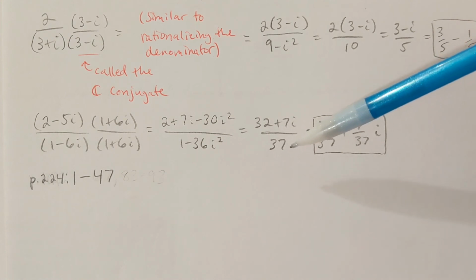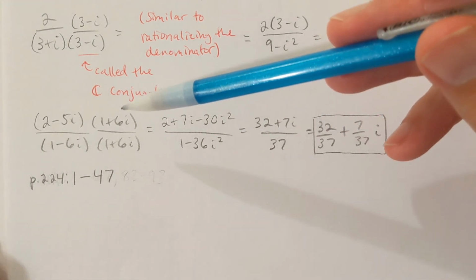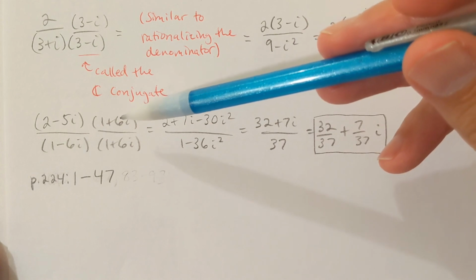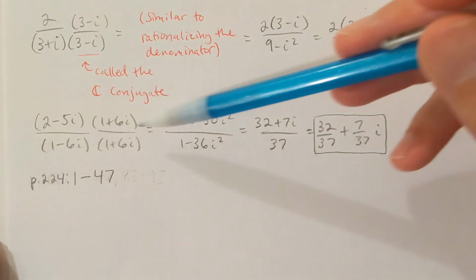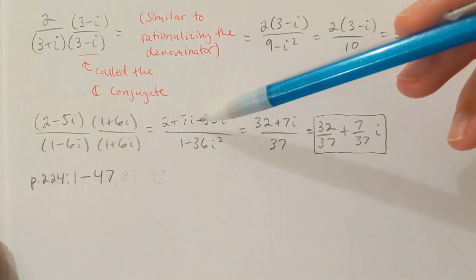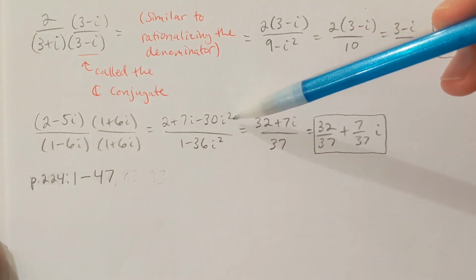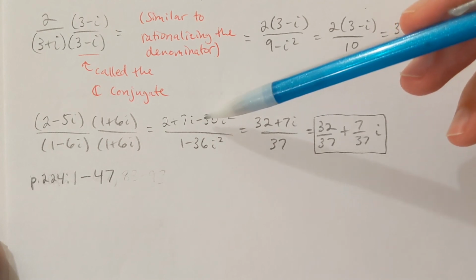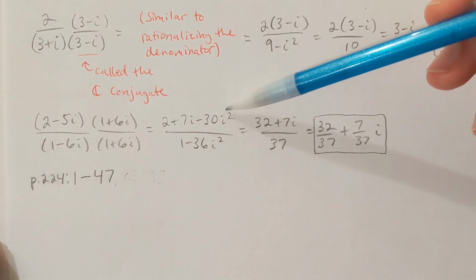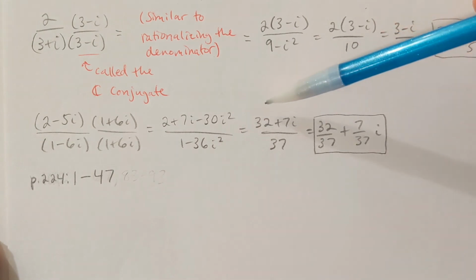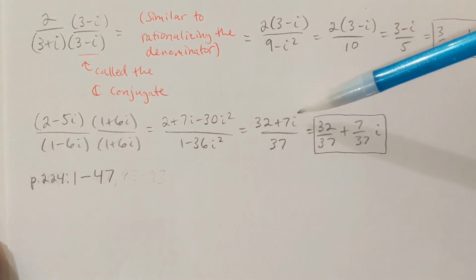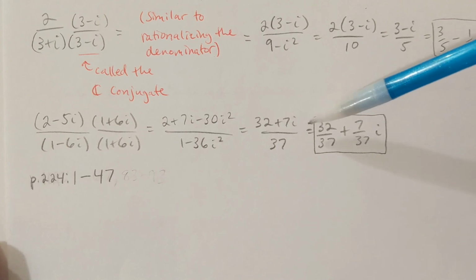Now in the numerator, I've got 2 plus 12i minus 5i plus 12i minus 5i is plus 7i minus 30i squared. i squared is negative 1, so I'm really adding 30 here. 2 plus 30 gives me 32 plus 7i divided by 37.